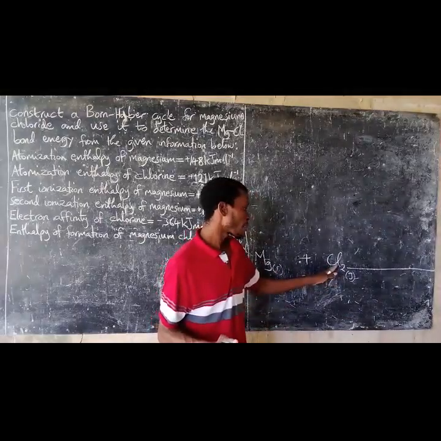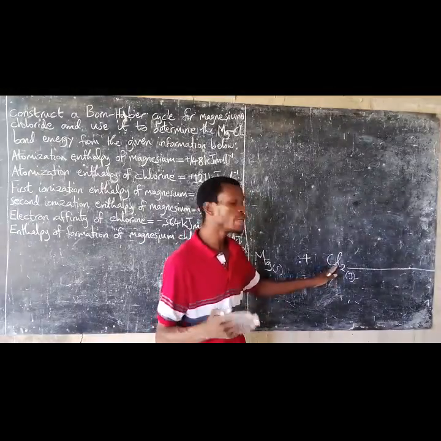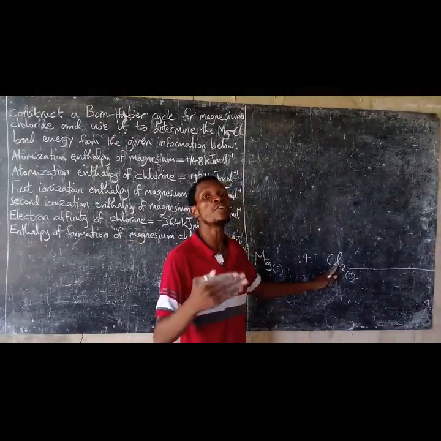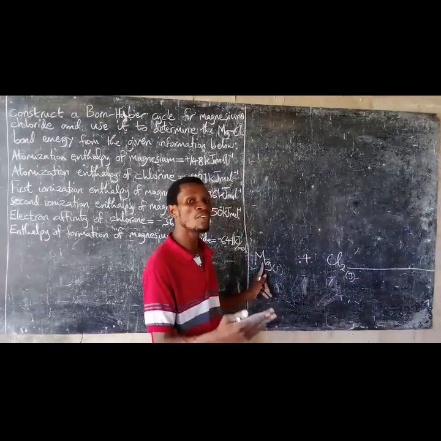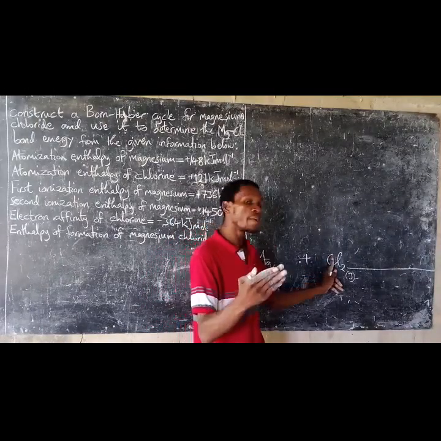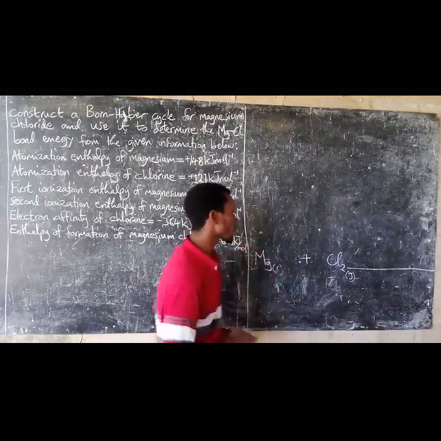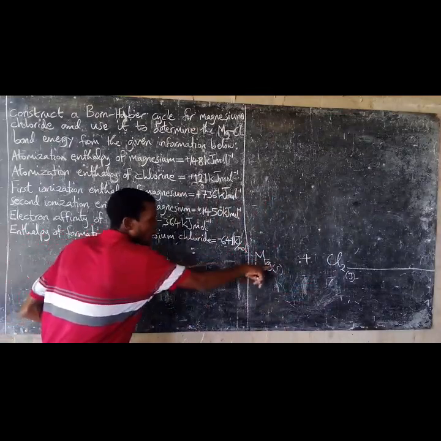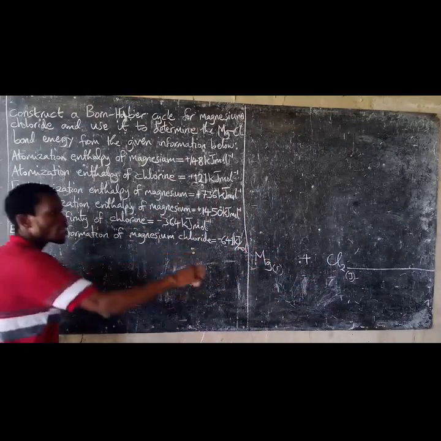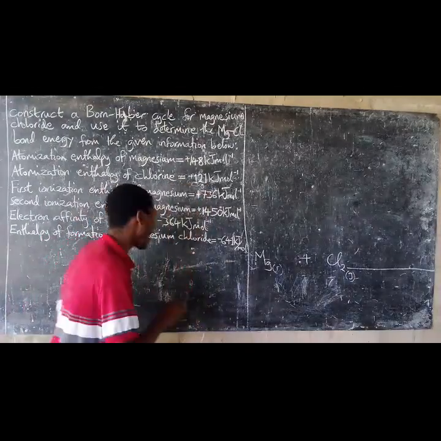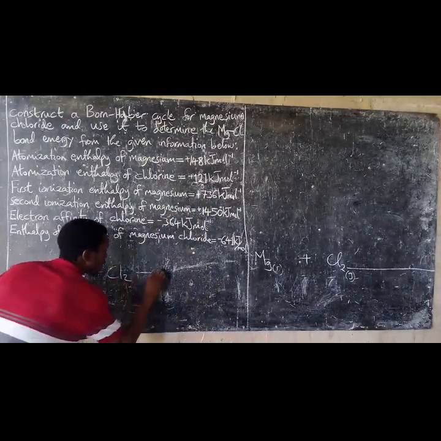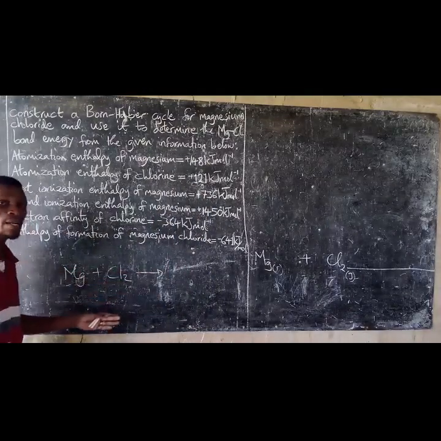The elements in their normal physical state have a heat of formation equal to 0. The heat of formation of magnesium is 0, while the heat of formation of chlorine is 0. After writing that, we have to rewrite the equation on rough paper, the reactants reacting to form magnesium chloride.